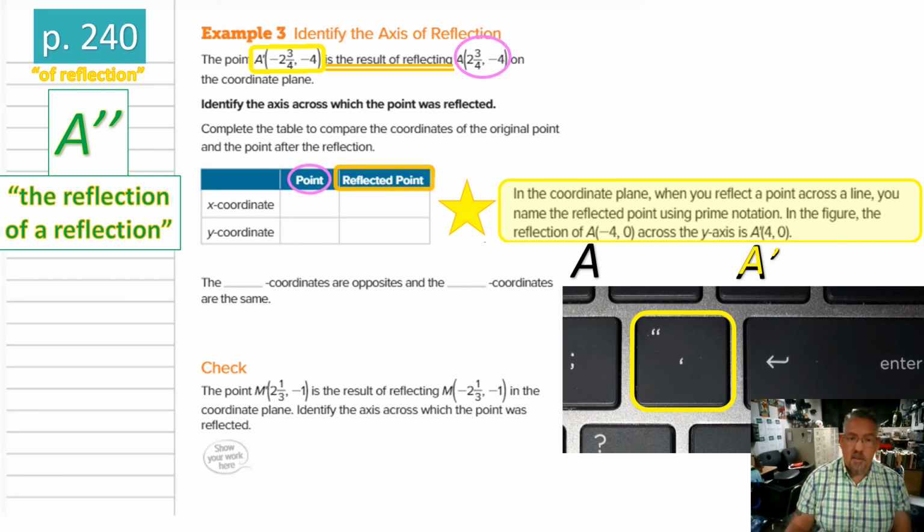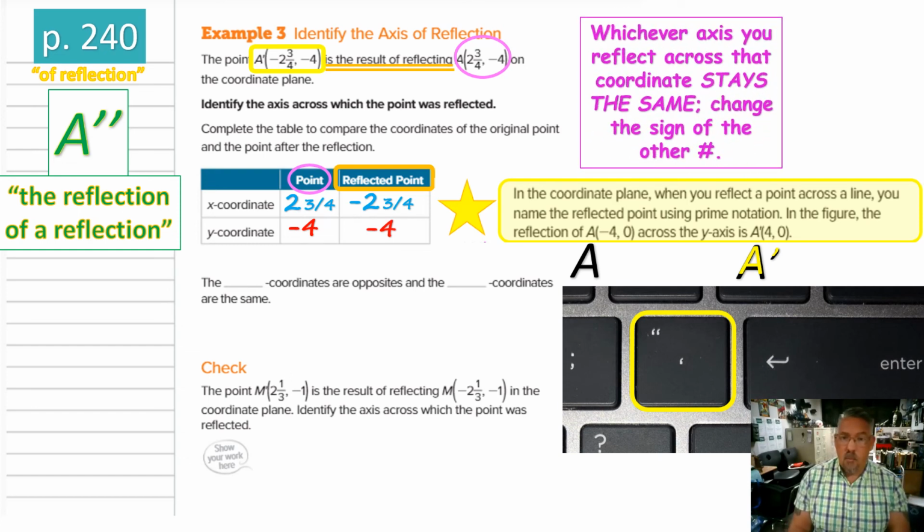So the point itself, its x coordinate versus its y coordinate, right? And then the reflecting point, which is the A with a single quotation. The x coordinate for the point is positive 2 3/4, and its y coordinate is negative 4. When I look at the reflecting point, I see that I have a negative 2 3/4 as the x, and its y is negative 4.